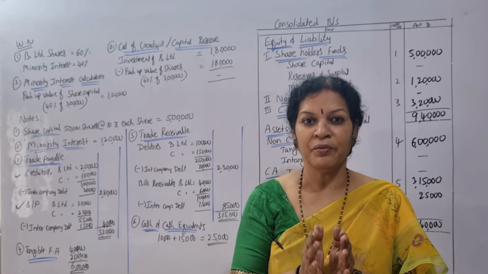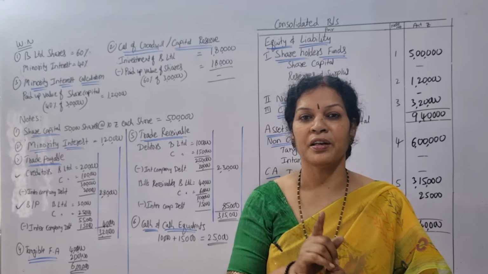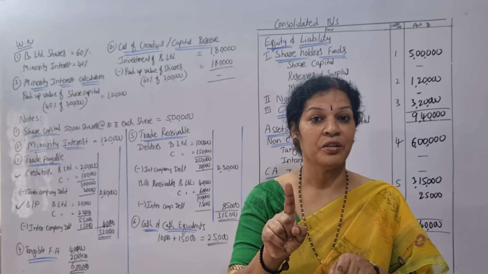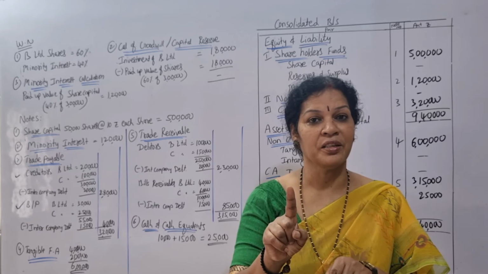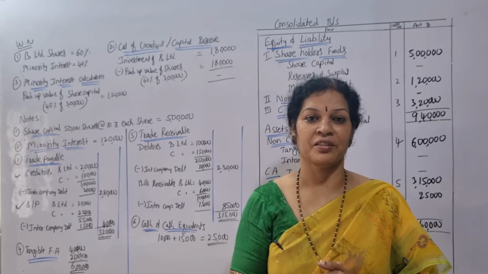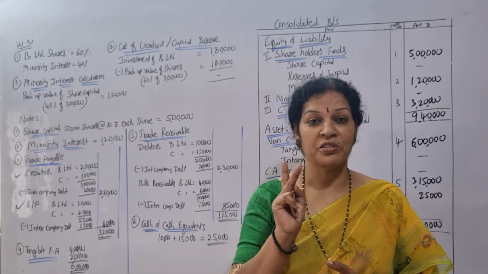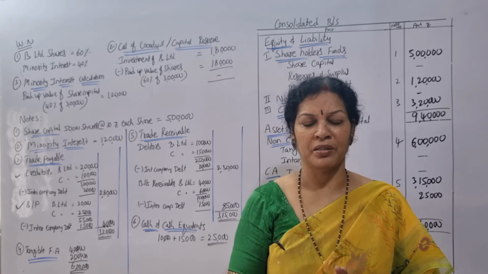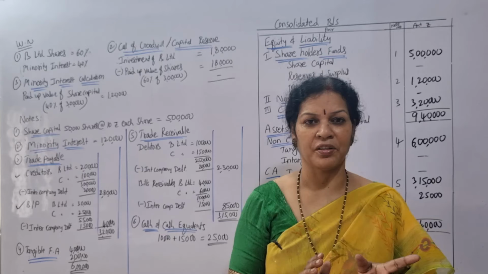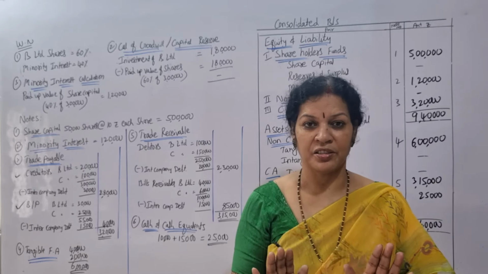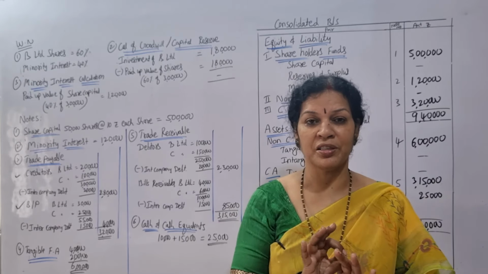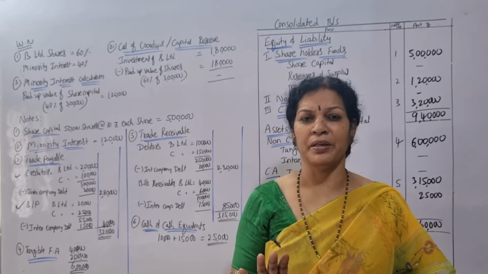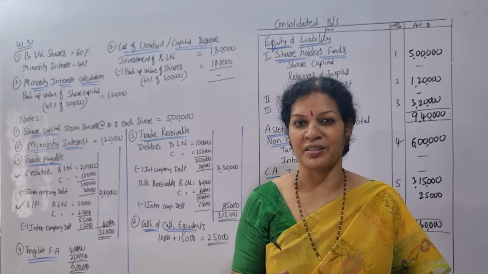That is the reason we have deducted intercompany related transactions. The additional information, first one, is related to the debtors and creditors, deducted from the debtors and creditors. Additional information, second, point number 2, is about the bills receivable and bills payable. This is also intercompany transaction. Both sides, bills receivable and bills payable, we have deducted. Simple. If you remember this point, the rest of the problem is very simple. Intercompany transactions, you got it.